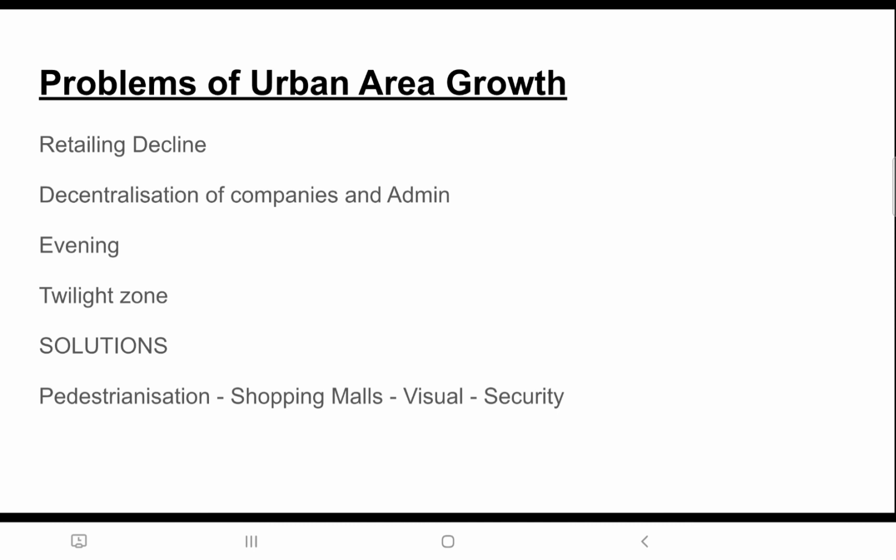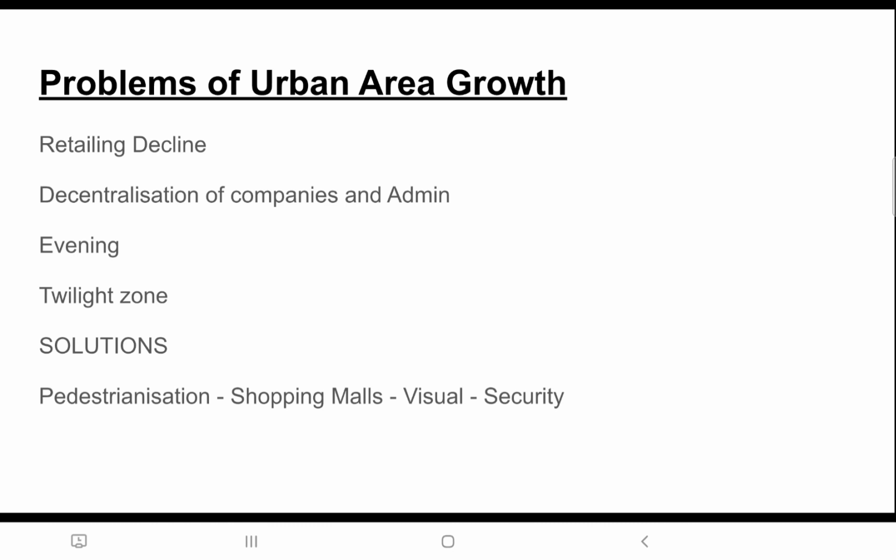So the first retailers to leave the CBD were the smaller independent shops because they could no longer afford the high rents. And now the larger shops also have started to move out of CBDs just because of the problems of the lack of parking and really expensive land prices.